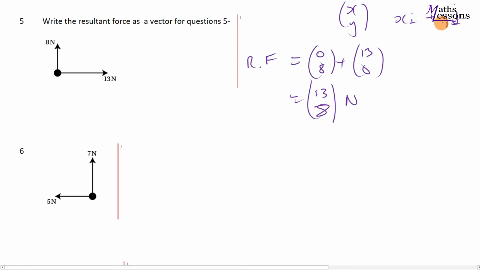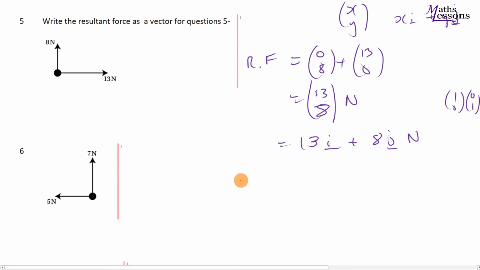Or if you're used to using ij format, that will be 13i plus 8j. Notice the i and j are underlined, okay, to indicate the vectors (1, 0) and (0, 1). That's what they represent. So 13 lots of (1, 0) and 8 lots of (0, 1).